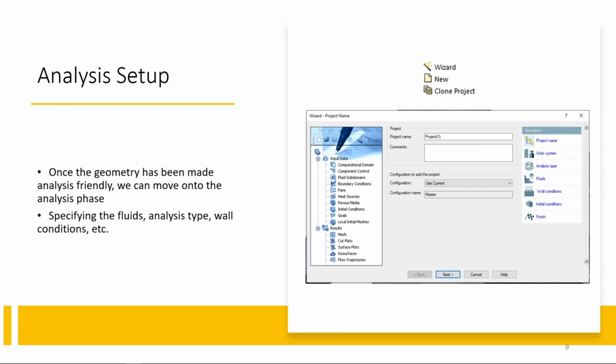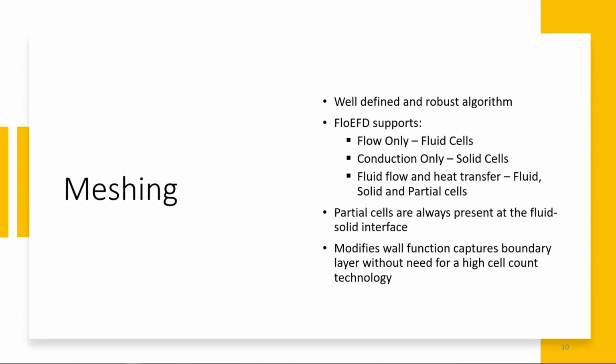And then you have other options to create a new analysis, or even clone the project, so that if you want to make a slight change in the existing analysis, that can be performed using the clone option.